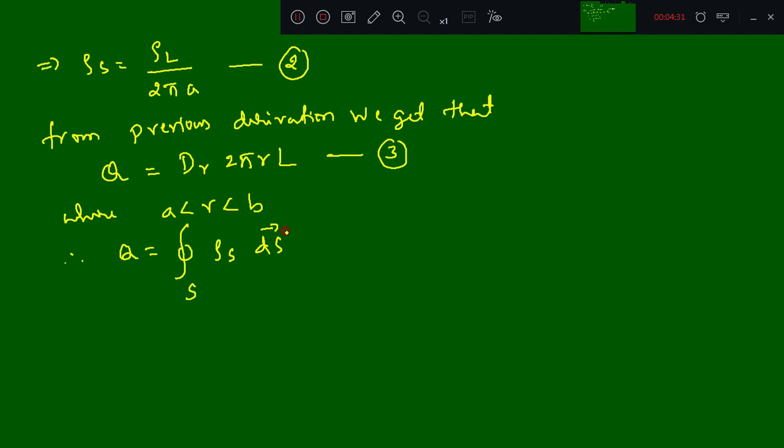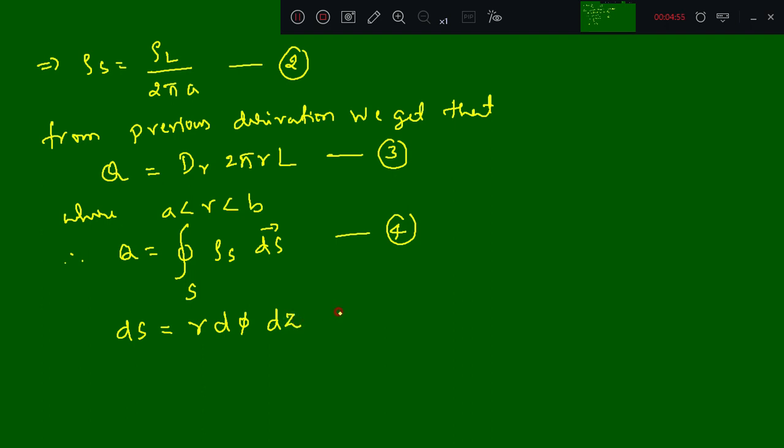Call this equation number 4. Now what is ds? For cylindrical coordinates we have r, d phi and dz.